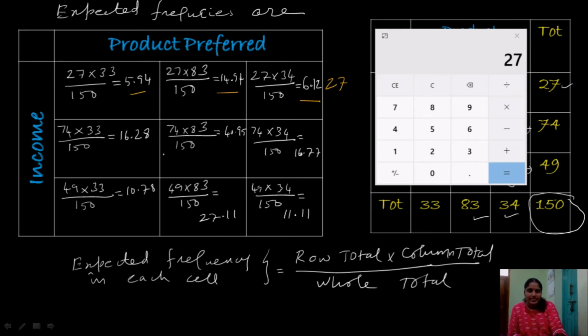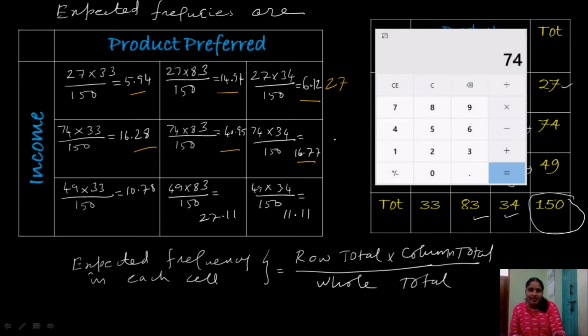So for the second row, I have to add the expected frequencies as 16.28 plus 40.95 plus 16.77, we get the value as 74.